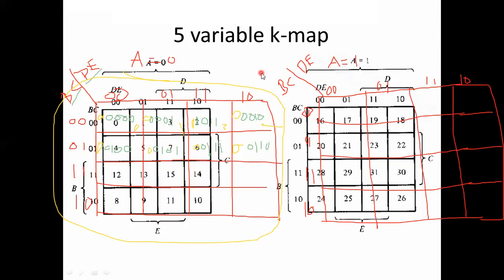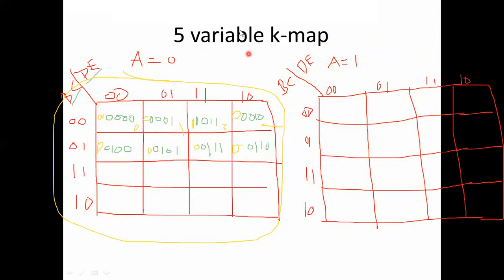Now, see here. Here also we are taking BC, DE combinations. BC is 0, 0. DE is 0, 0.